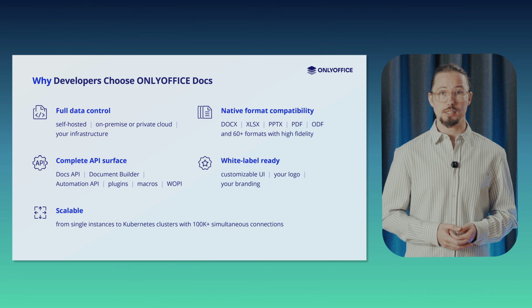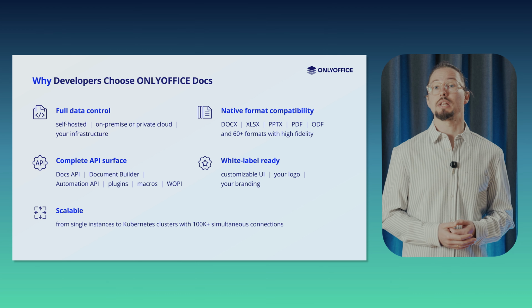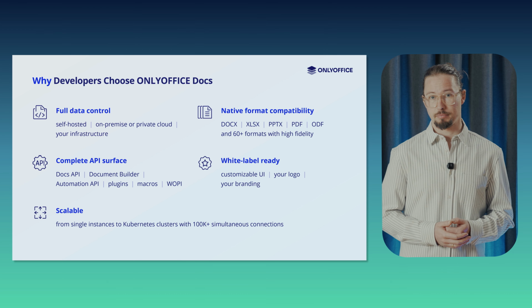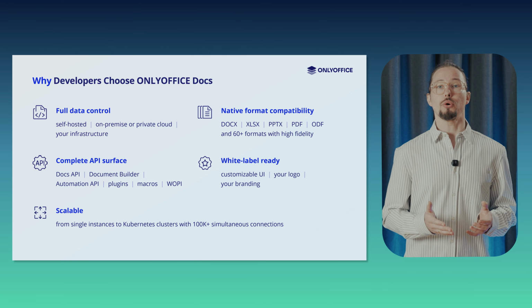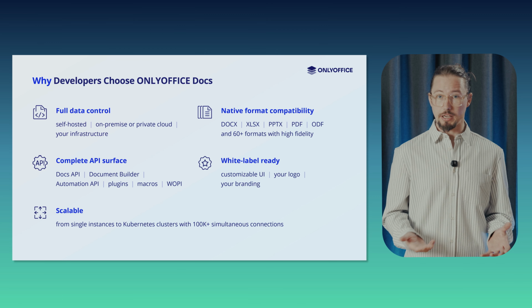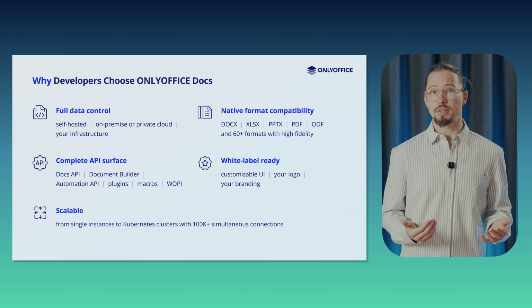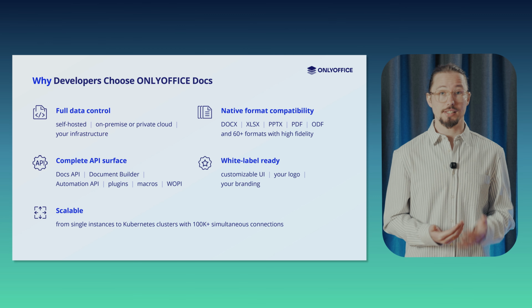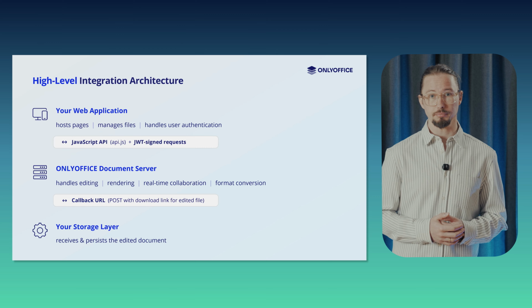DOCX, XLSX, PPTX, PDF, and many more with fidelity that your users will immediately recognize. And third, a complete API surface. Everything we're going to cover today, the Docs API, Document Builder, Automation API, plugins, macros, connectors, WOPI, these are all tools you can use to customize and extend the editors to fit your exact use case.